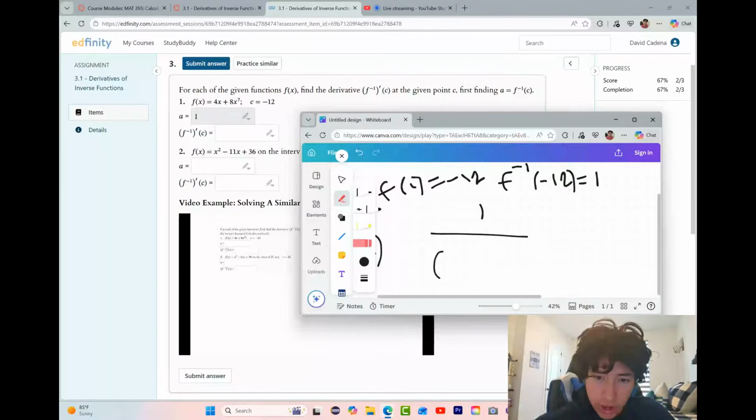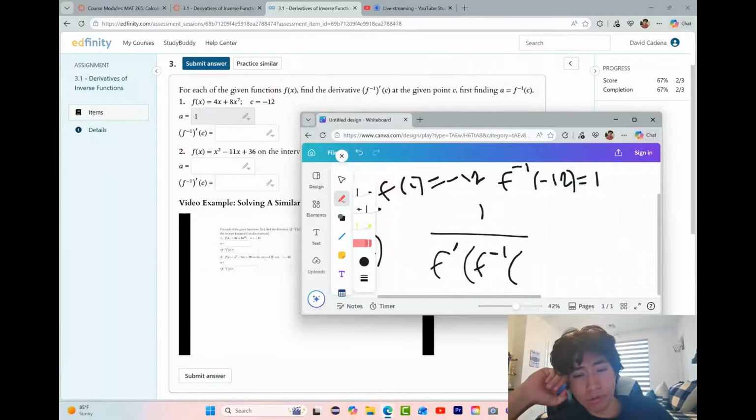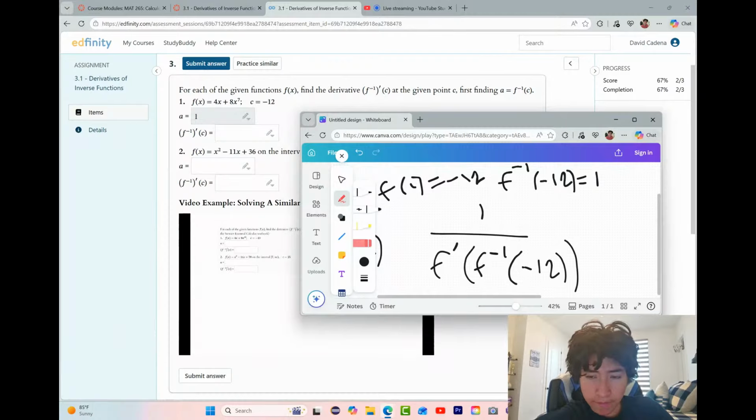Gotcha. F prime of the inverse at x equals a. No, I'm sorry. We want to find out at c. So that's negative 12. And we found out that this equals 1. So we want 1 over f prime of 1.